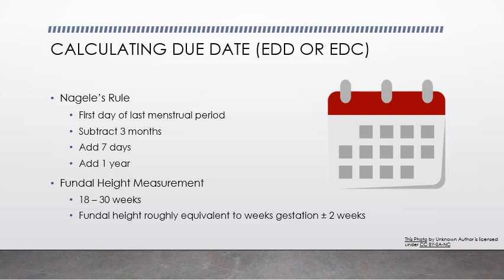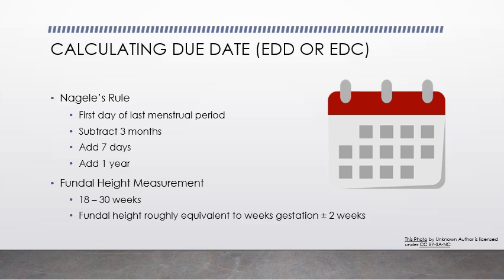The other way some providers can do a calculation is just by fundal height measurement. But this is really only semi-accurate and usually just between the weeks of 18 and 30. When measuring the fundal height, the examiners would put the end of the measuring tape on the symphysis pubis and then lay the tape up the abdomen of that pregnant woman.